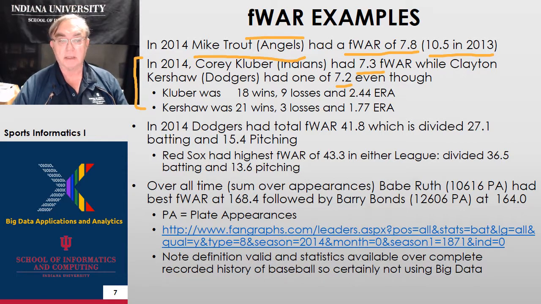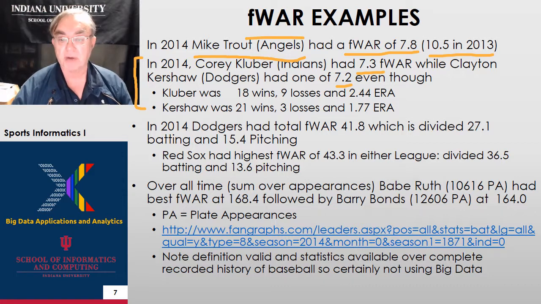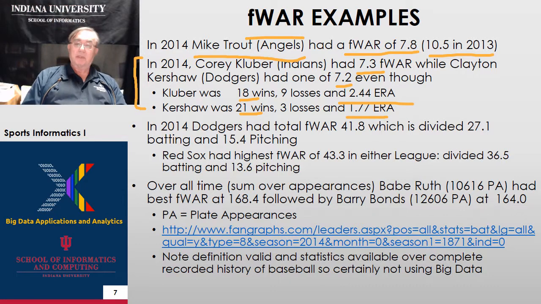Interesting that Clayton Kershaw was a little behind Corey in the wins above replacement measure, whereas if you look at the actual record, Kershaw's far ahead. He's the Dodgers pitcher. 21 wins, 1.77 ERA. Kluber was 18 wins and 2.4 ERA. Presumably reflects something to do with the teams they're playing for or the stadium they're playing in.